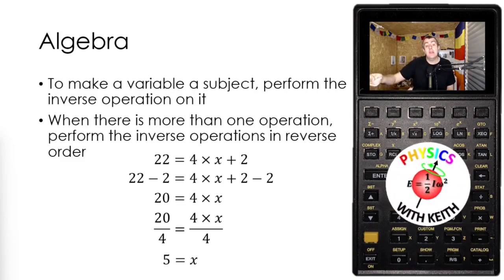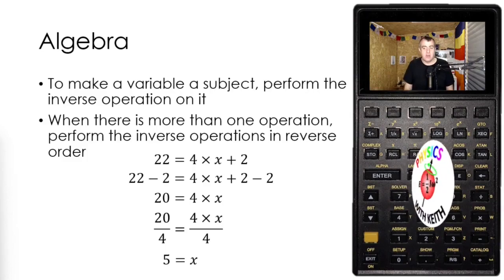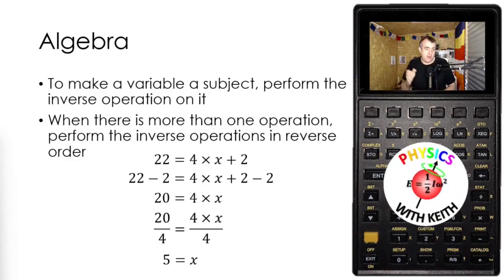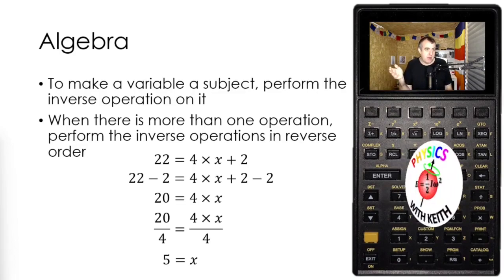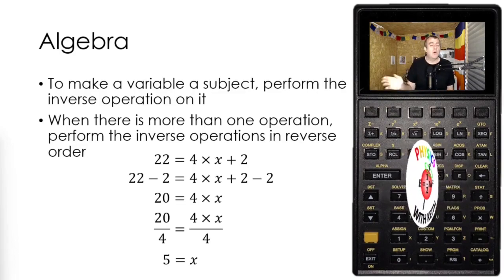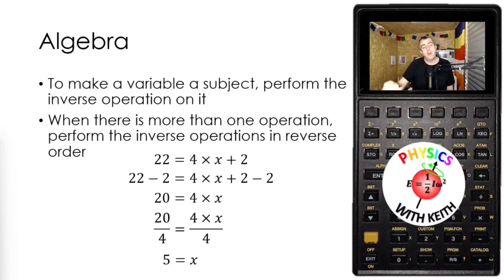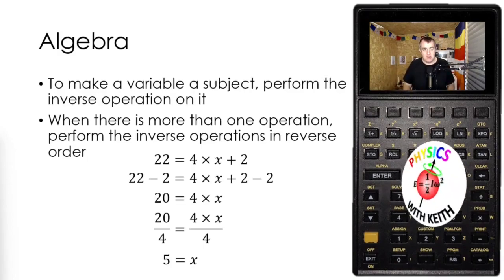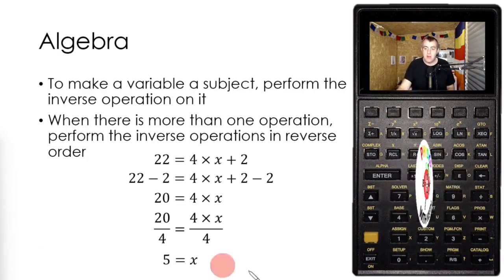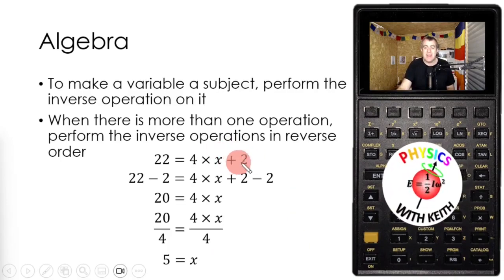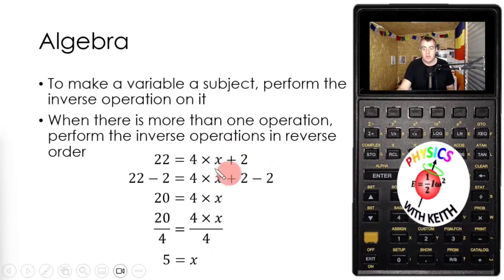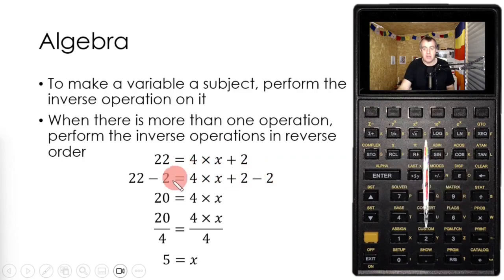You add 2 at the end. Not just because it's drawn to the right on this picture, but because plus comes after products in the mnemonic. So what are we going to do? Well, first of all, we're going to do the opposite of the last thing that was done to our variable. Our variable was times by 4, and then it had 2 added to it. So we subtract 2 from both sides.